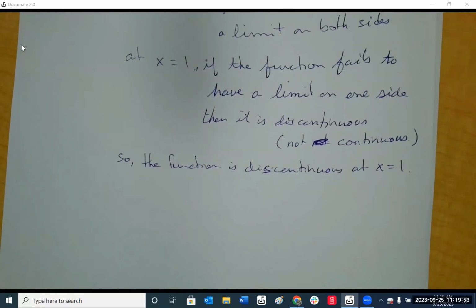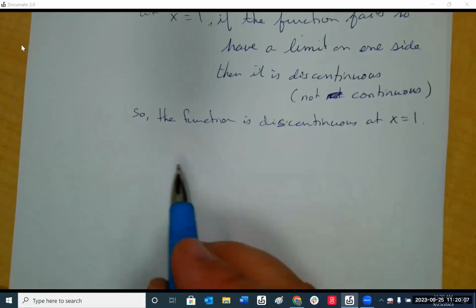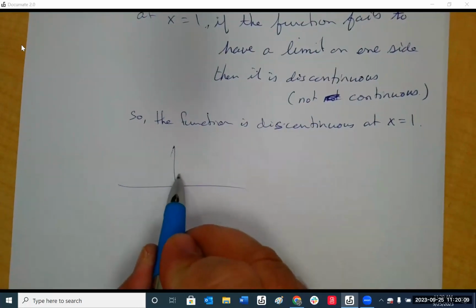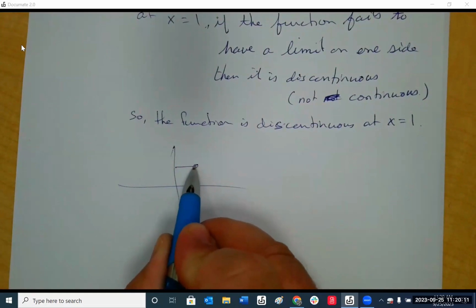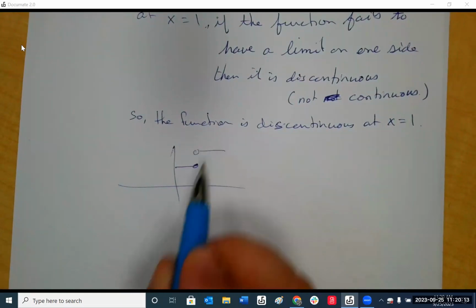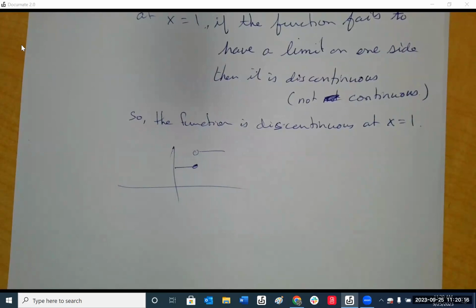Because at this point, on the left side, as you get closer to 1, the limit may exist, but on the right-hand side it doesn't. What can cause that to happen? Right, like a stepwise function. The greatest integer function.